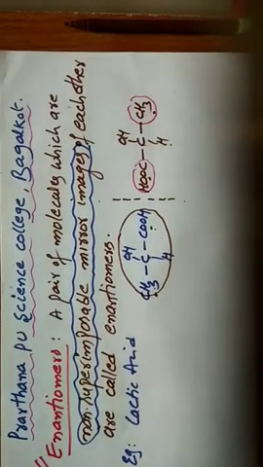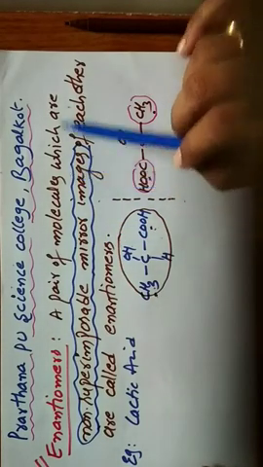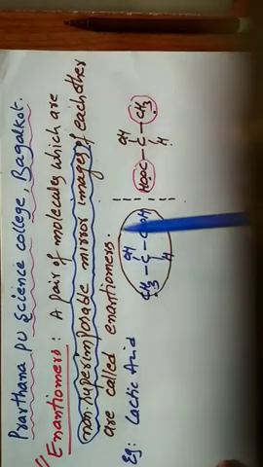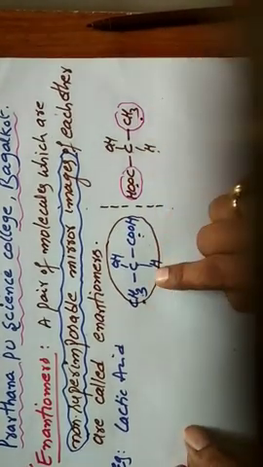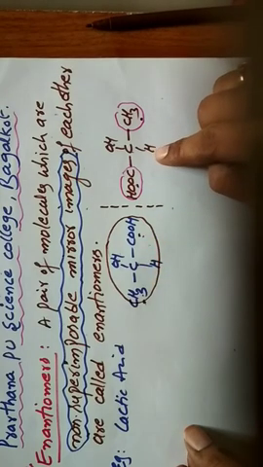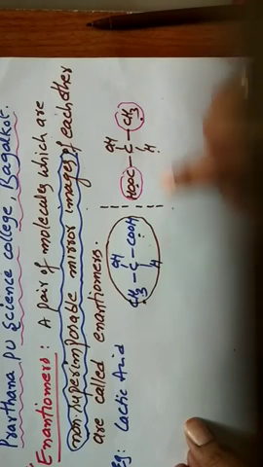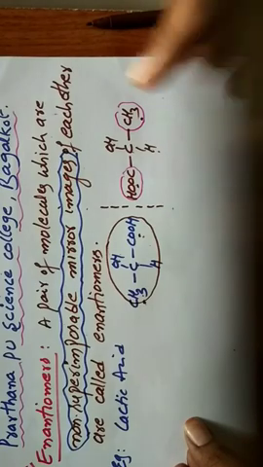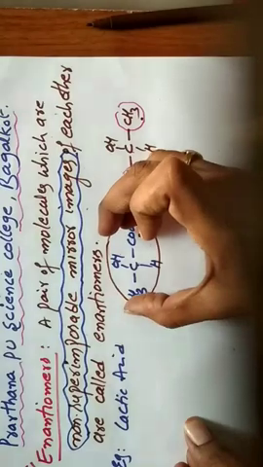Enantiomers means a pair of molecules which are non-superimposable mirror images of each other. This is one molecule and this is its mirror image, another molecule. Are these two mirror images superimposable or non-superimposable? The same procedure: this molecule is placed exactly on this molecule.